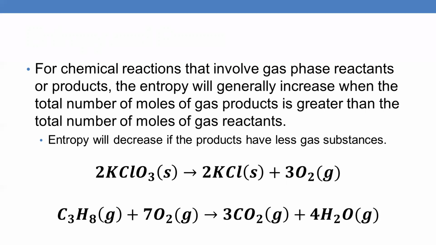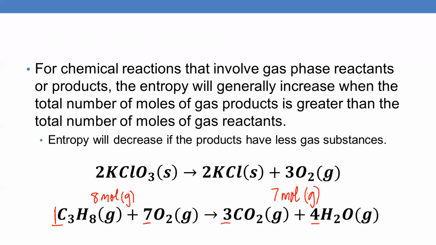For the reactants here, we have 1 plus 7, for a total of 8 moles of gas on the reactant side, and then 3 plus 4 is a total of 7 moles of gas on the product side.